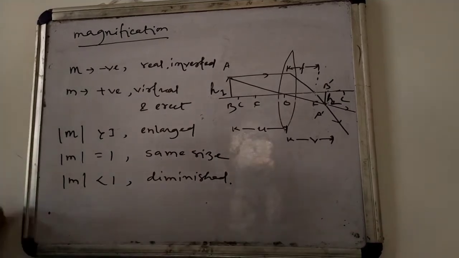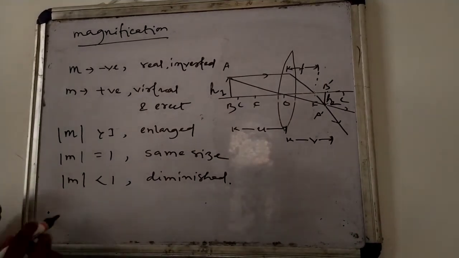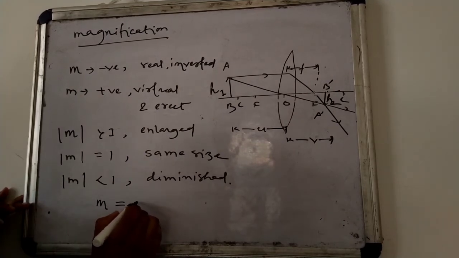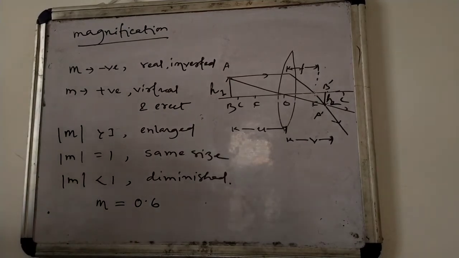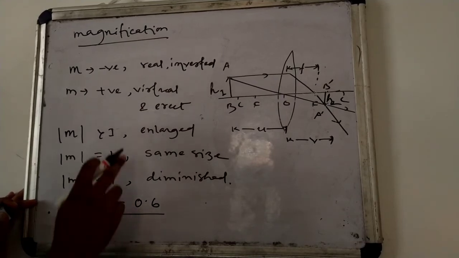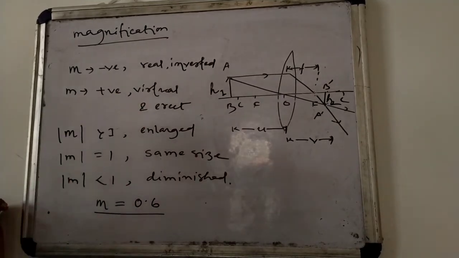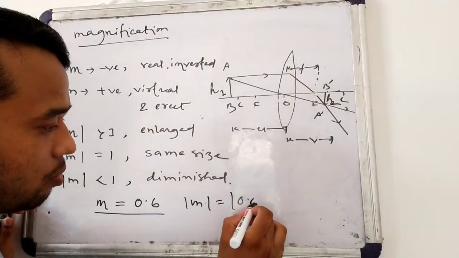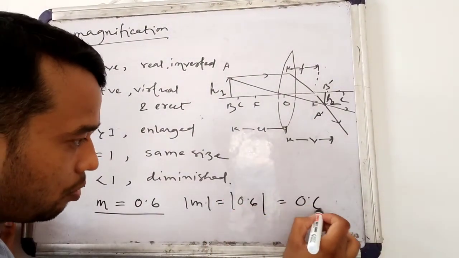So let's take another example. Suppose m is equal to 0.6. Okay, so 0.6, this is a positive value, so image will be virtual and erect. If we take modulus of m, that means modulus of 0.6, it will be 0.6 only.